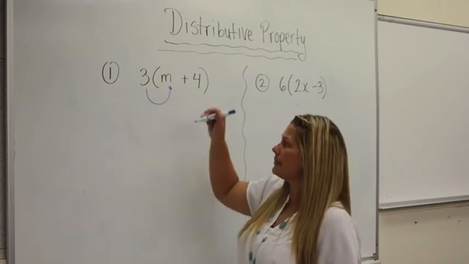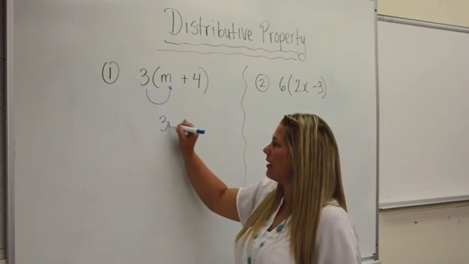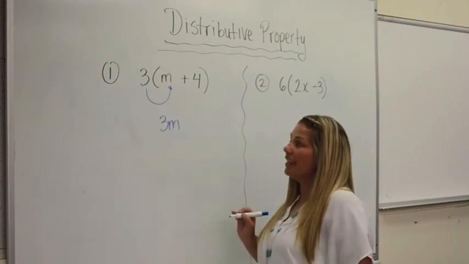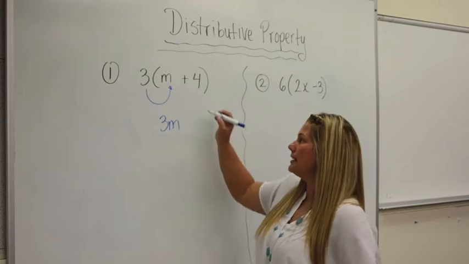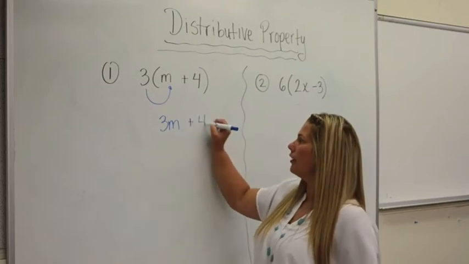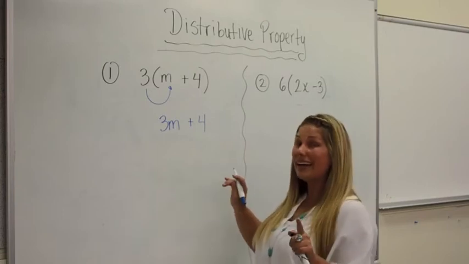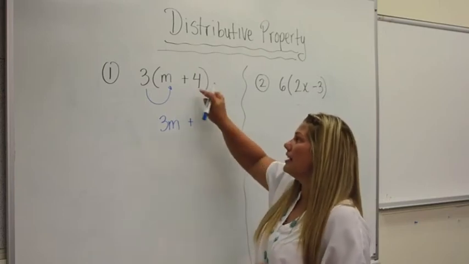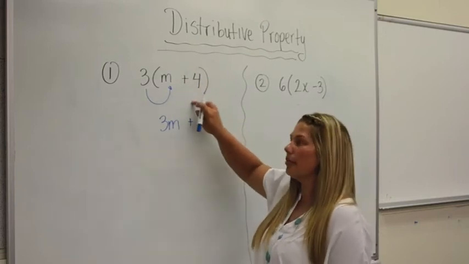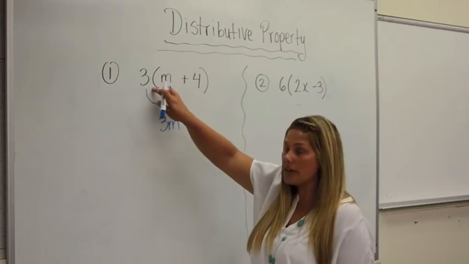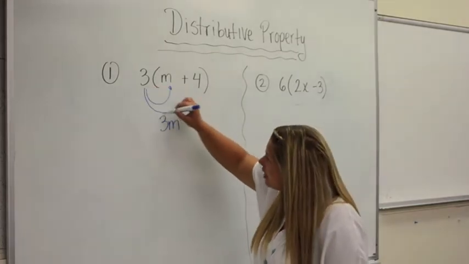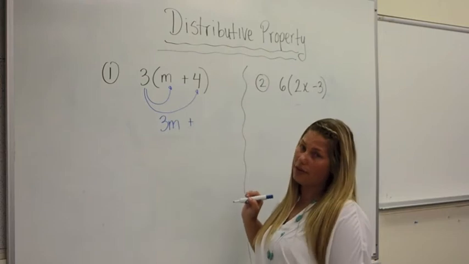So 3 times m just means we have 3 m's. The biggest mistake people make is they then just put plus 4. Well, that's not the answer because this 4 is inside the parentheses, which is touching the 3. So that 3 also has to multiply the 4.